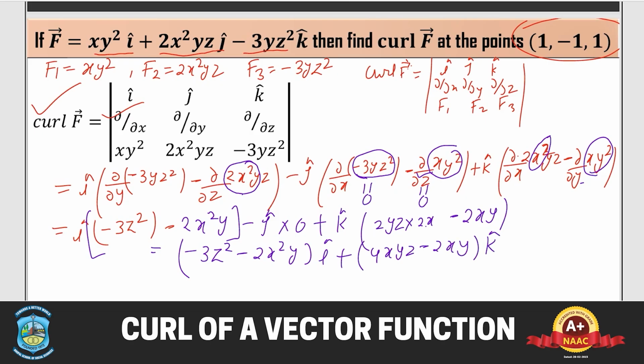Now, this is the value of curl of this vector f. But we have to find the value of curl f at the given point 1, minus 1 and 1. That means in this value we have to substitute x equal to 1, y equal to minus 1 and z equal to 1. On substituting these values, we will get the desired quantity.